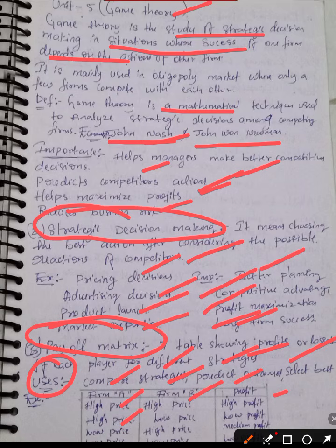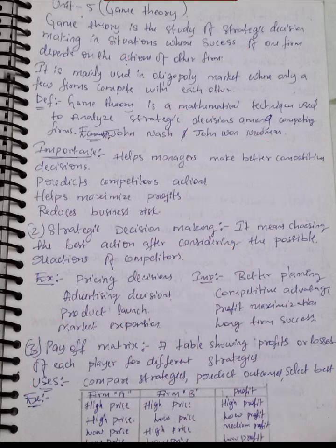Firm A high price, firm B low price: low profit. Firm A low price, firm B high price: medium profit. Low price, low price: low profit. Am I clear? This is strategic decision making and game theory.